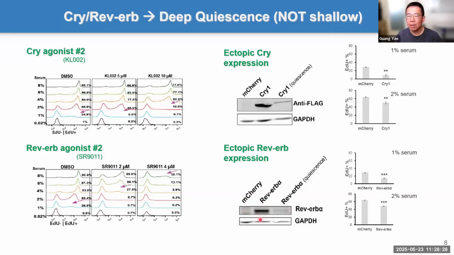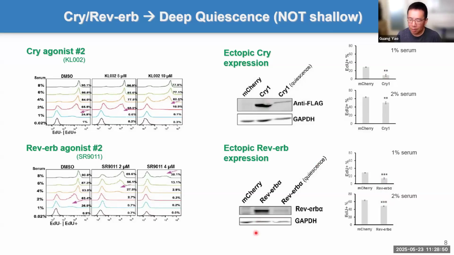Same thing with mCherry. So now we don't give them a drug to activate. We just give them more Cry or more RevERB to see if cells are shallower or deeper. Again, cells are deeper, because there's less EdU; the percentage of cells that get into the cell cycle is lower with more Cry or RevERB expression.